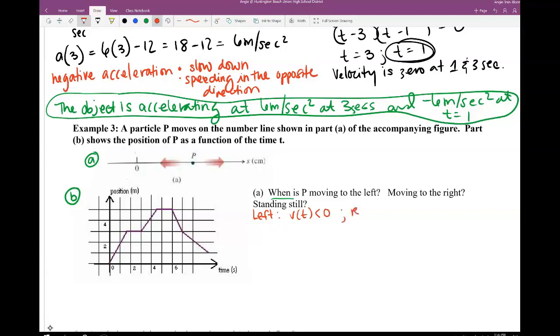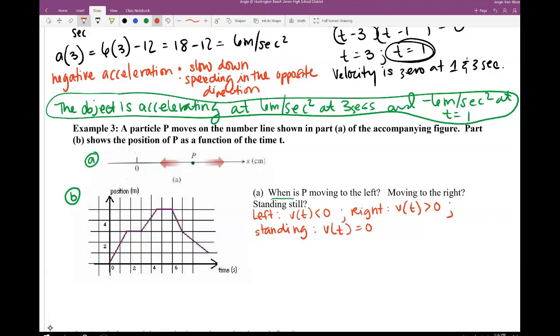Moving right is when the velocity is greater than 0. Standing still or about to change direction, okay, standing or stopping, is when v of t is 0.